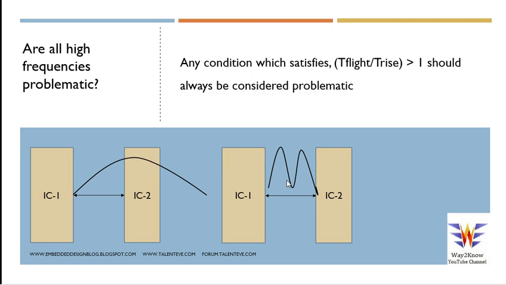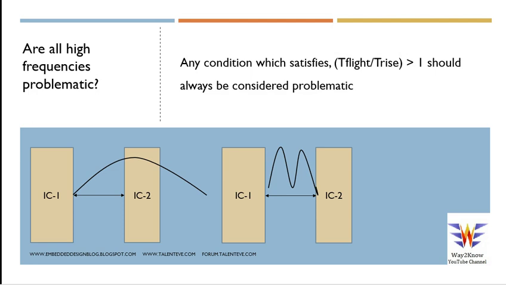Now let us assume a signal is being transmitted from IC1, but by the time it reaches IC2, there is one more signal on the trace. That means the rise time is much less than the distance between these two ICs. So the basic condition is flight time by rise time. If it is greater than 1, you should be worried about the signals in the high speed domain.